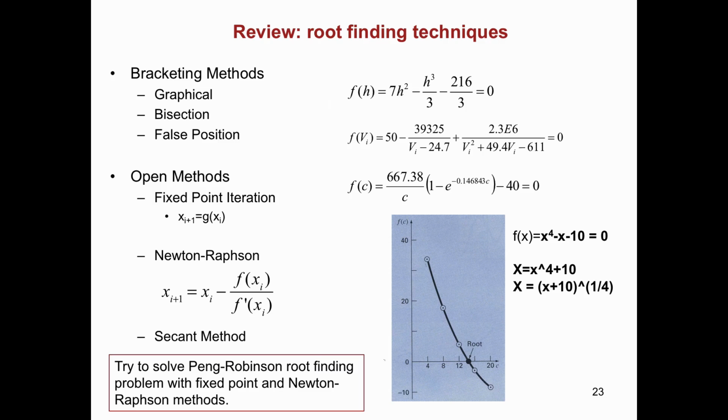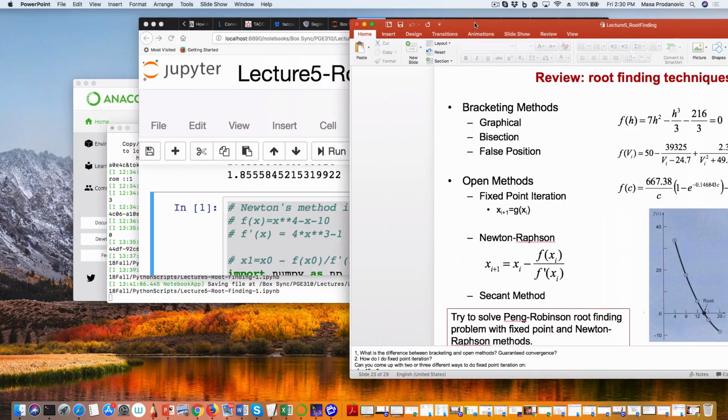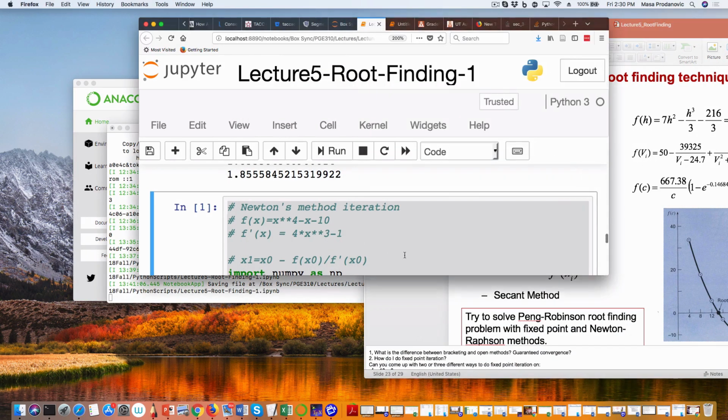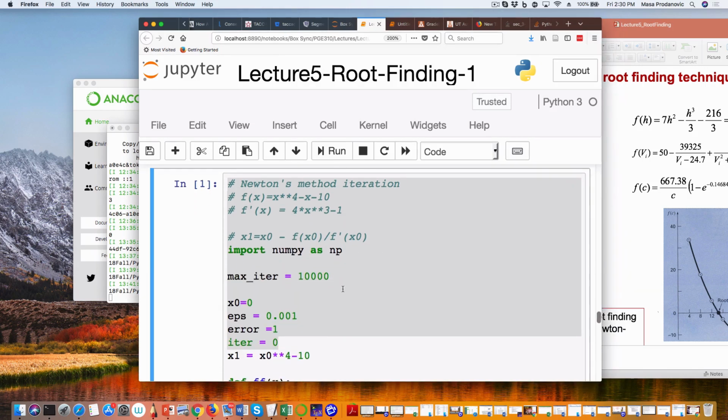All right, so let's pick any problem. We can do Peng-Robinson root finding. We could pick anything. I'm just going to quickly look at what we did last time. So we did Newton's method iteration, okay?